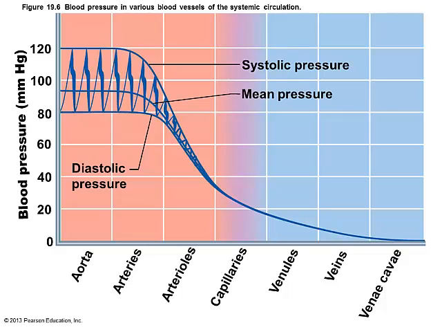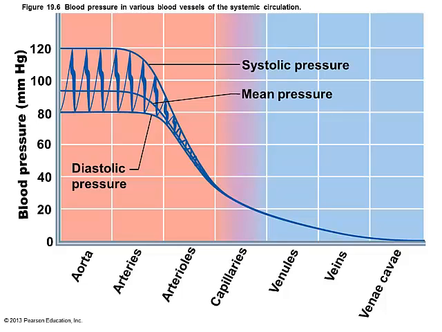So here's another calculation you need to know. It's called pulse pressure. And what's pulse pressure? Systolic minus diastolic is the pulse pressure.